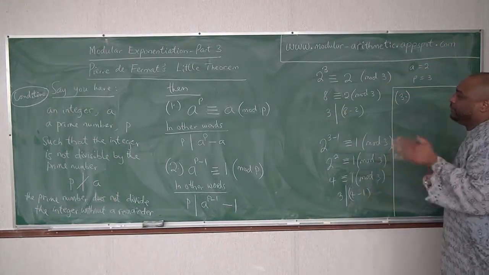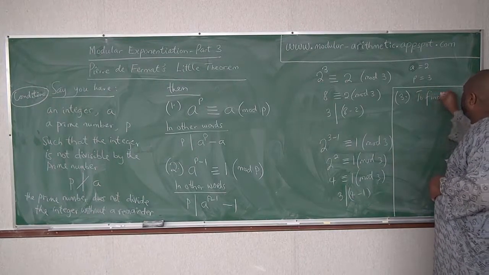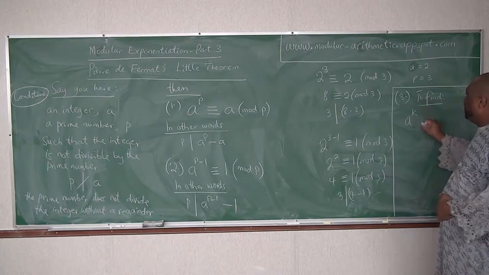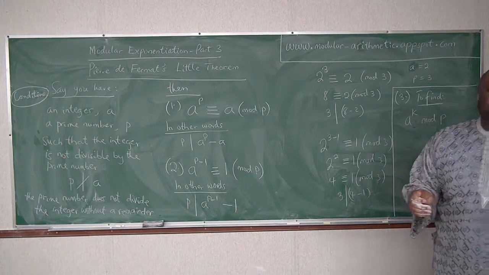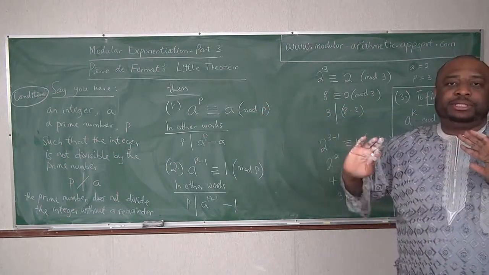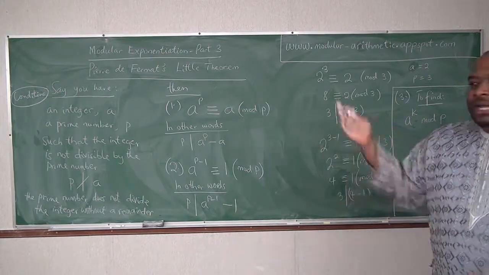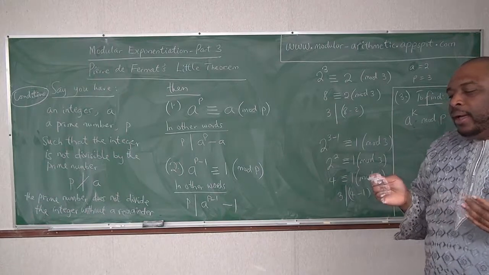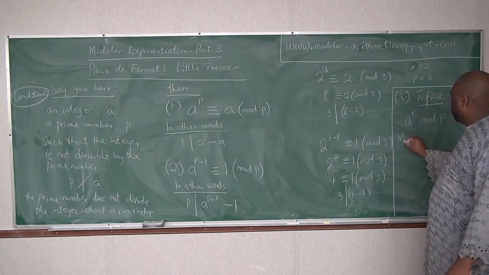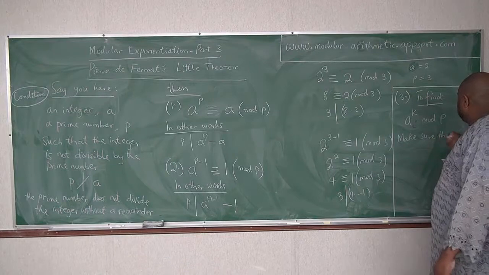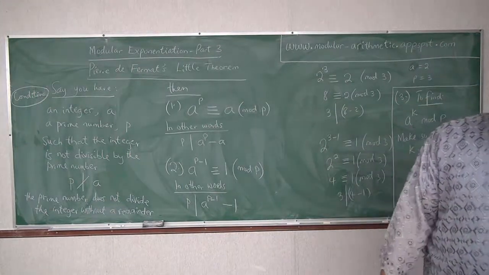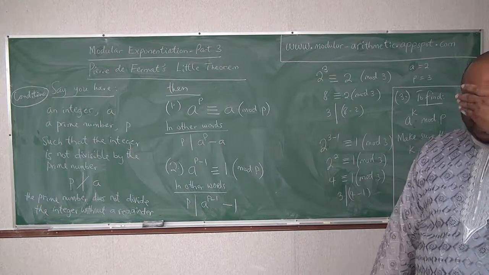If you are now asked to find, let's say, a to the k mod p, make sure after you have satisfied these conditions, because you're going to use this to do calculation, make sure that K is greater than P. Okay, just make sure that your K is greater than P.